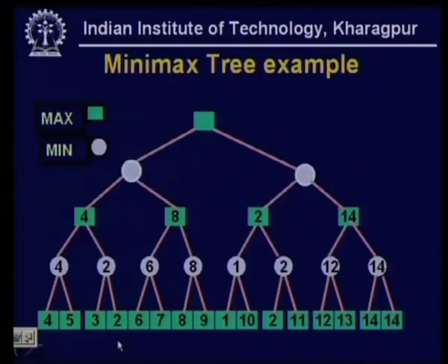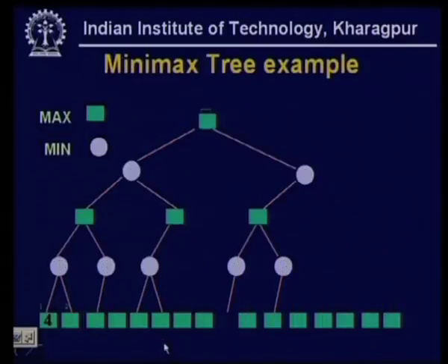So, this is the minimax values of the nodes, but if we do alpha beta pruning, this is how the nodes are evaluated.